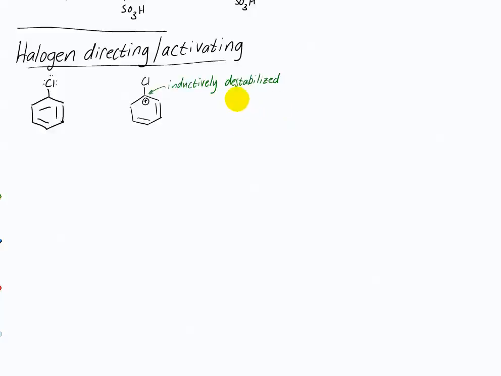Now, the electronegativity of halogens, other than fluorine, is sometimes, I think we probably do this in first semester organic chemistry, a little bit over-exaggerated. They're actually not that electronegative. If you think of solvents like chloroform and dichloromethane, the organic solvents that we use, they're not that polar. They dissolve normal organic stuff.